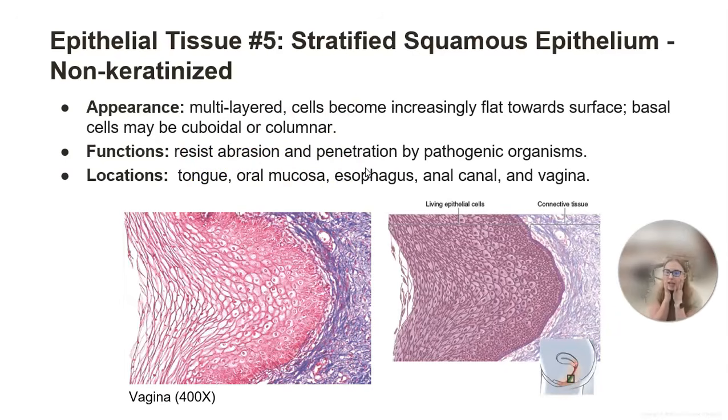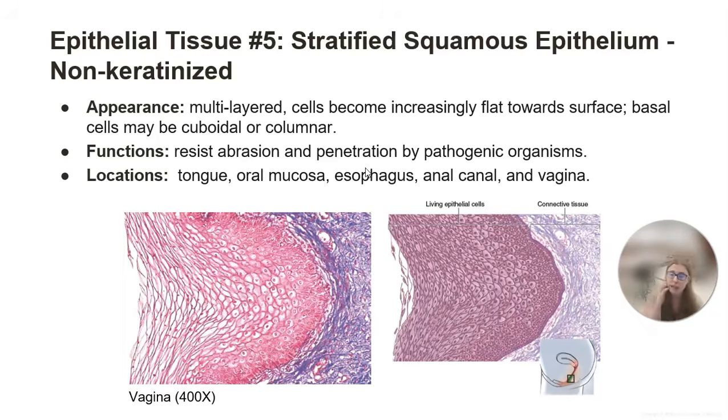So if you think of something like the inside of your mouth, if you think of the tissue that lines the inside of your cheeks, that tissue is, as we eat, as we talk, as we drink things throughout the day, constantly losing cells from the surface just from wear and tear. It also, though, wants to be able to protect against letting pathogens get super deep into the actual bloodstream and whatnot.